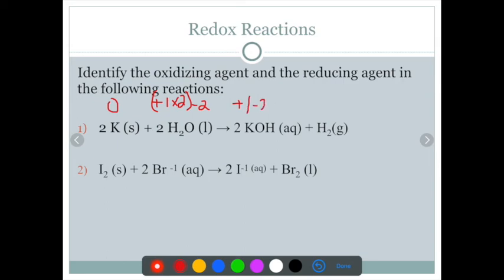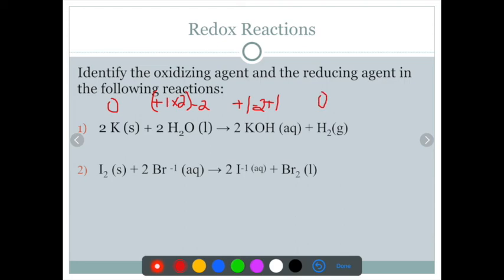Oxygen is a negative 2. And here, this one's a little confusing because hydrogen is with a metal and a non-metal. But to get it to 0, we can just say it's +1, right? Because we want the compound to add up to be 0 if it's neutral. And then hydrogen is just 0.